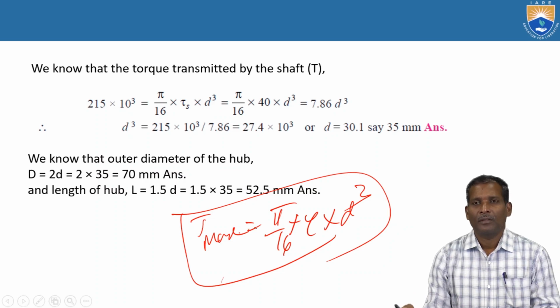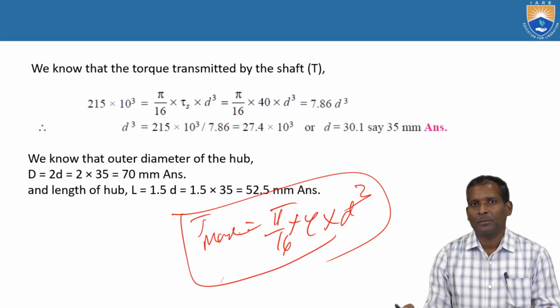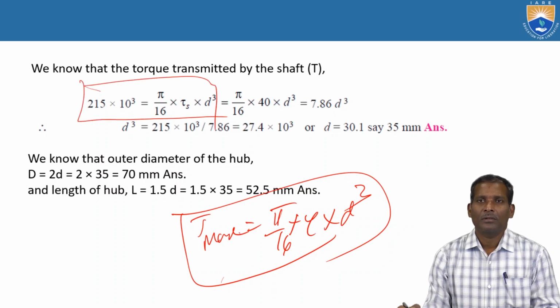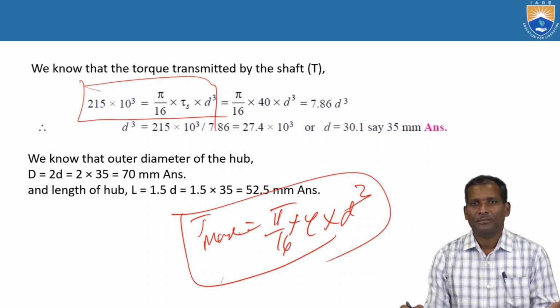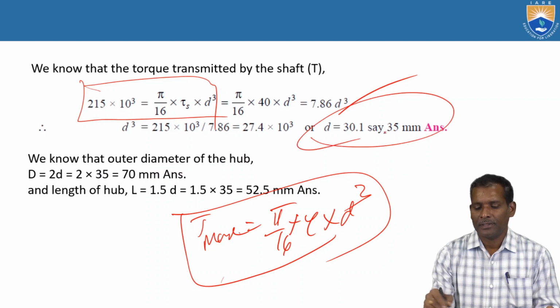T mean is available from the power transmitted equation, and T max is obtained from the torsion equation, π/16 × shear stress × d³. Here the unknown value is d. So find the d value. The obtained d is 35 mm.